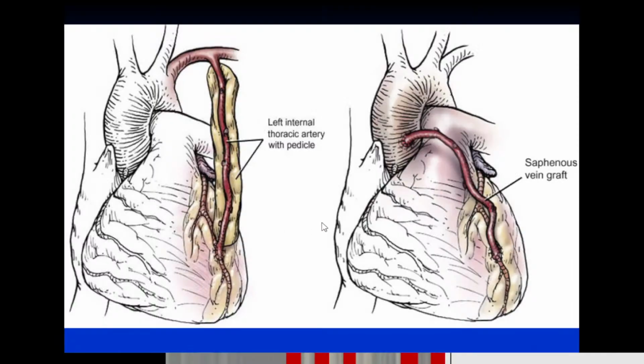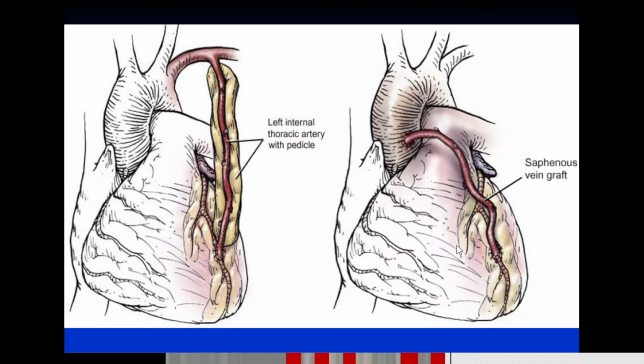So it's the schematic picture how the coronary artery bypass grafting can be performed. Here is the mammary coronary bypass grafting with the usage of left internal thoracic artery with pedicle. Such grafting we use for the most responsible artery, usually left anterior descending.